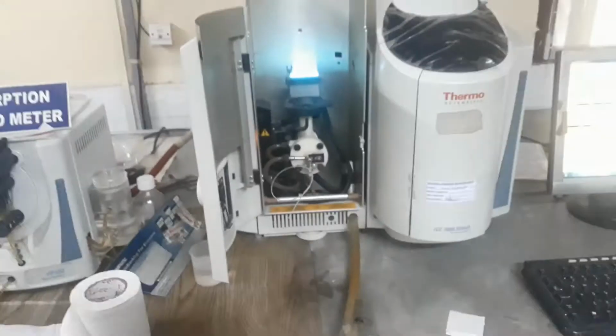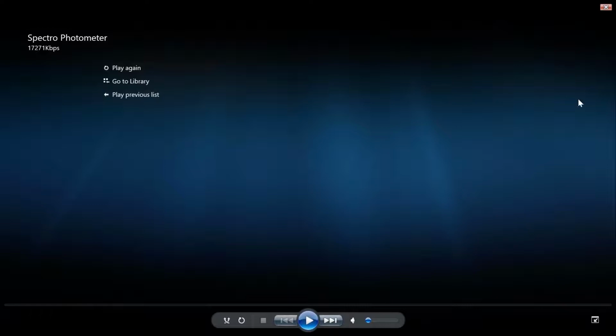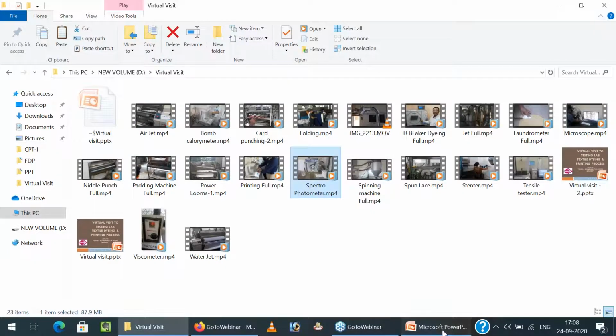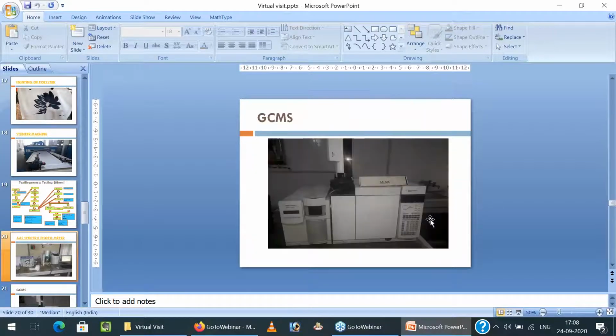So if you have placed a lamp for say silver, that flame will measure the concentration of that heavy metal, silver, by the presence of silver ion in that flame. So it's a very accurate machine.